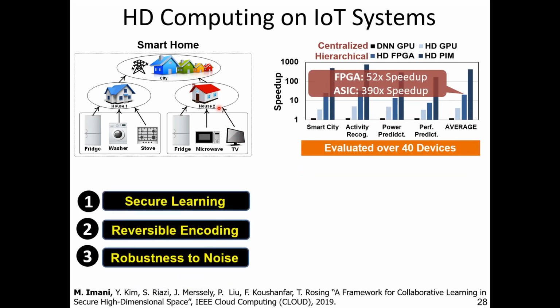But besides these features that I explained, we actually observe other very interesting features of HD computing too. One is about the security of the learning task, which we are collaborating with Intel on. We are looking at whether, if we are sending information to a cloud, I can assume HD data is secure by itself.